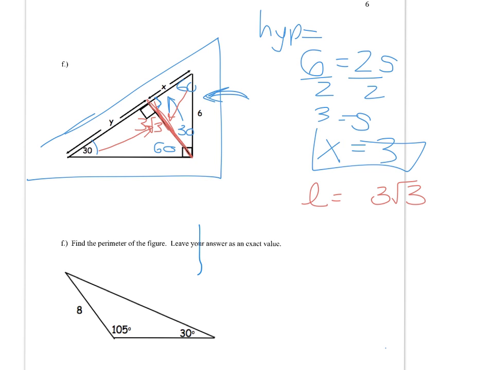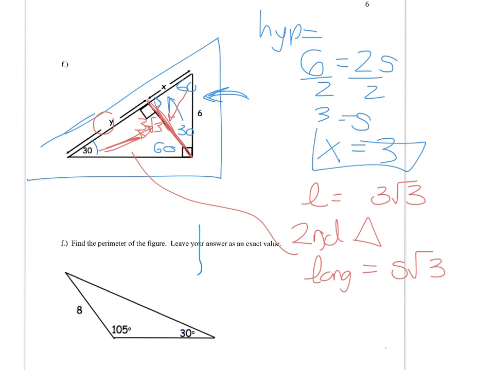Now that is my shorter side of this triangle, and I've got to find this side, the longer side. So again, for the second triangle, the long side is going to be equal to s times the square root of 3, and s is now 3 radical 3.